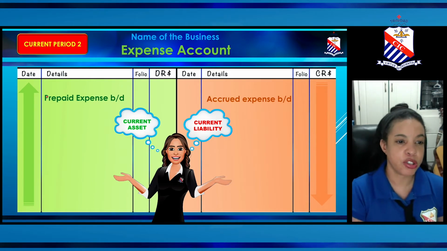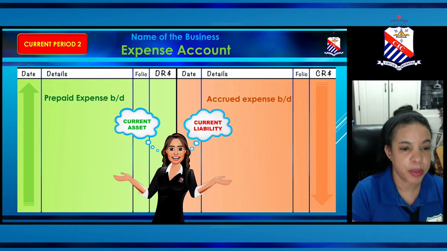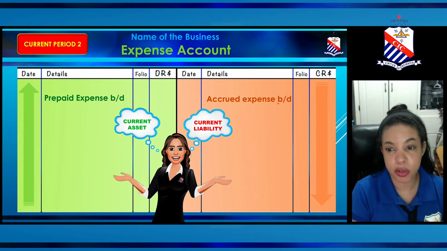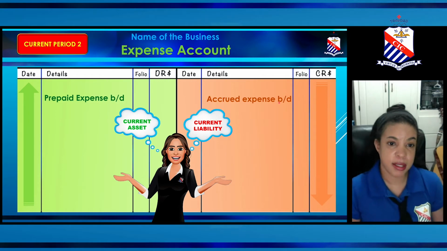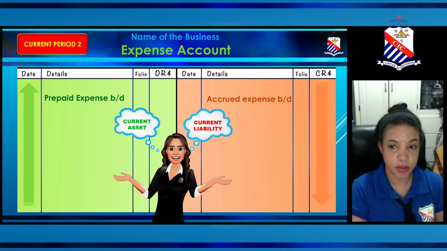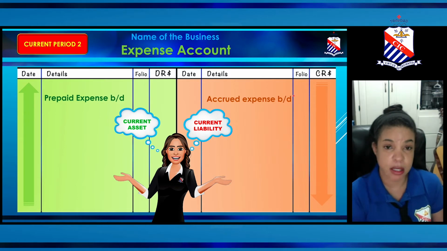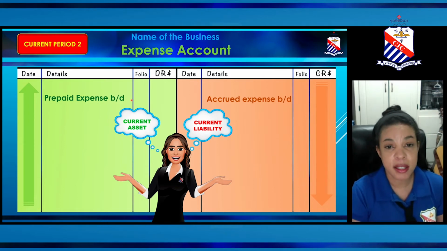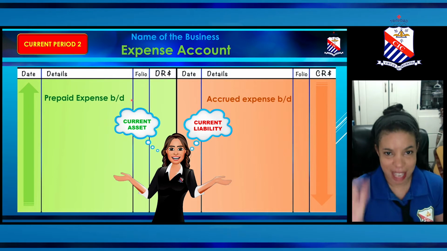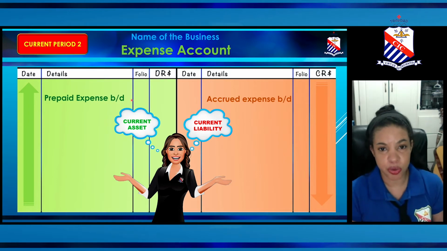Even though we are not doing the prepaid expense account and the accrued expense account, and we are putting them as the brought down figures as you're seeing here for the expense in the expense account, they're still ending up on the correct side according to the double entry rules.